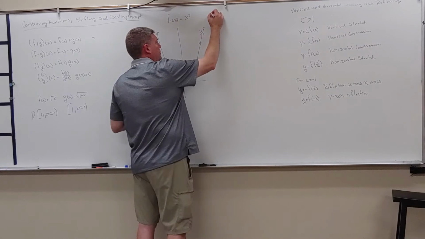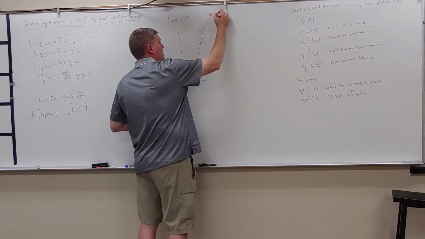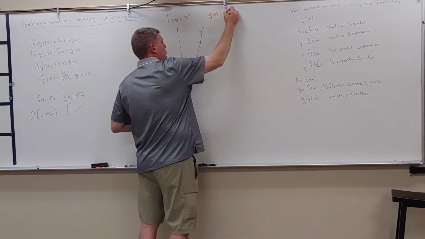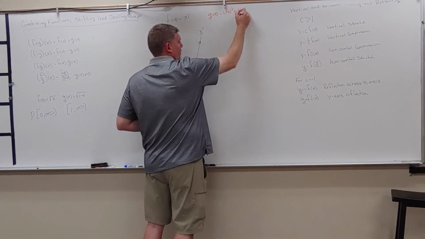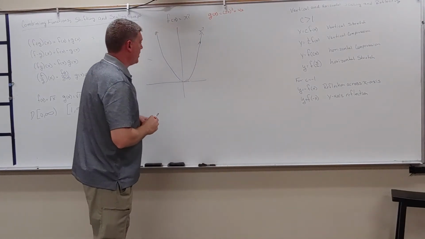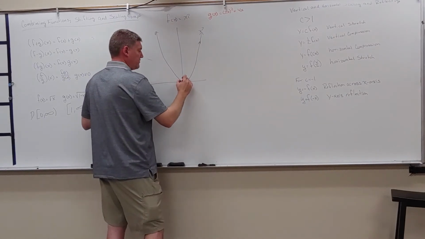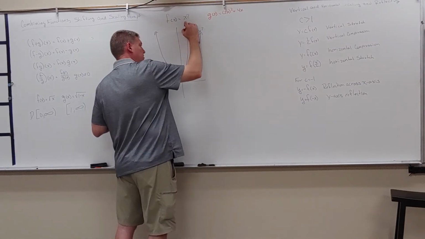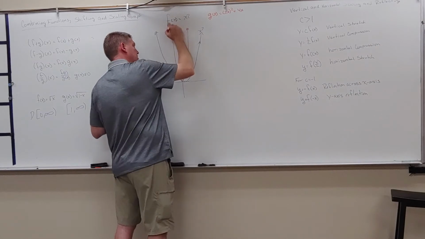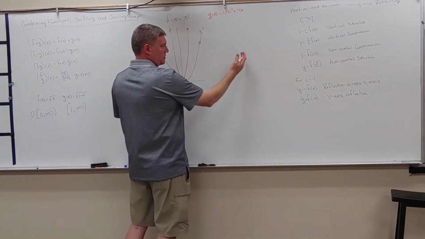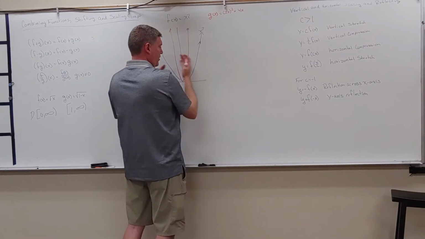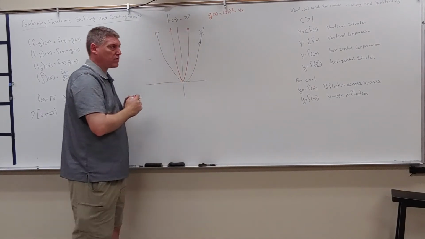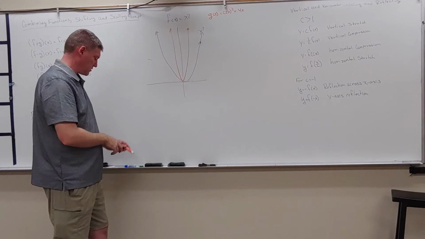So now I'm going to take g of x and say that it is (2x) squared. Well, (2x) squared becomes 4x squared. Okay? So 4x squared is even steeper than 2x squared, so it's going to be nice and steep here. But if you notice, horizontally, I've compressed this way. Okay, and that's what it's talking about.